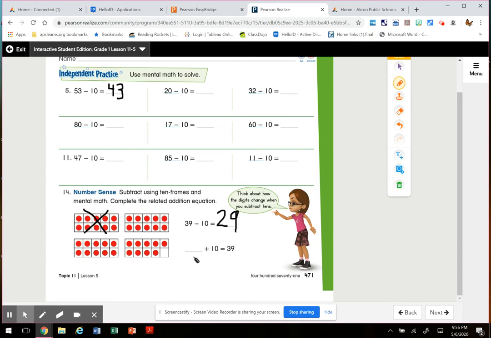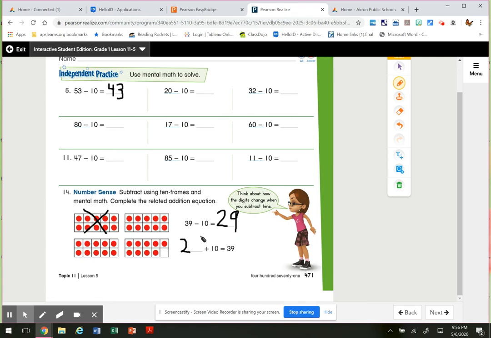So down here, we're going to use 29 because it's a related addition problem. We're using all the same numbers. 29 plus 10 equals 39. Very good, boys and girls.